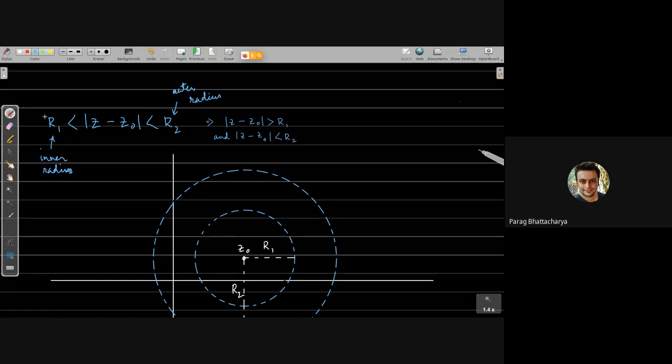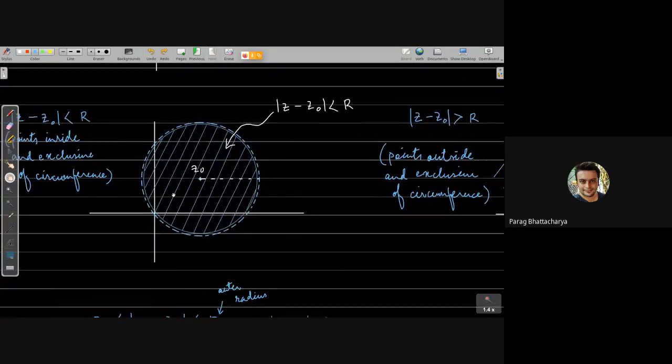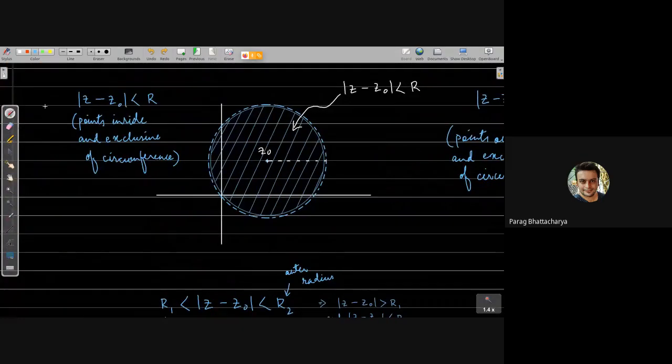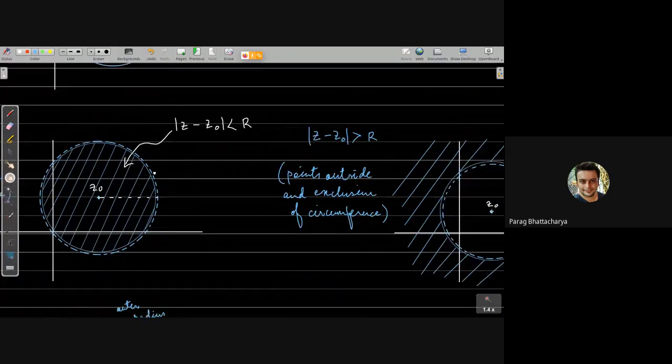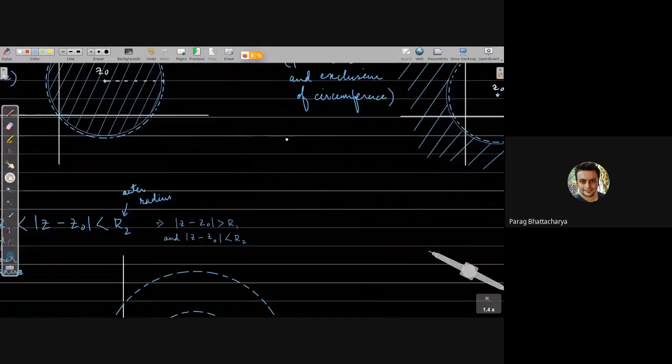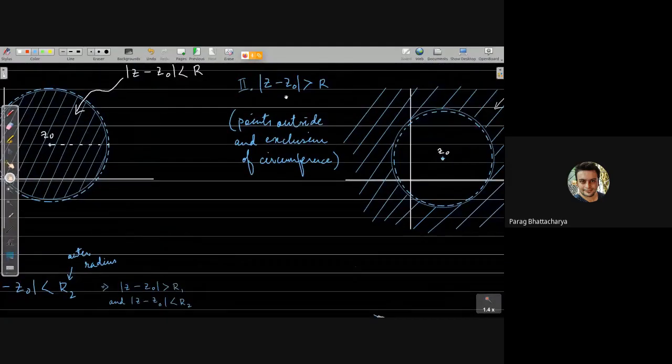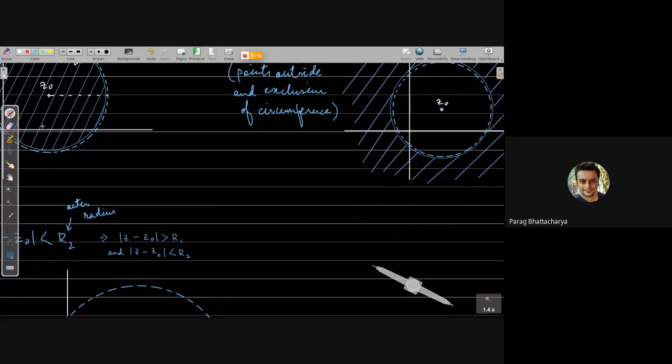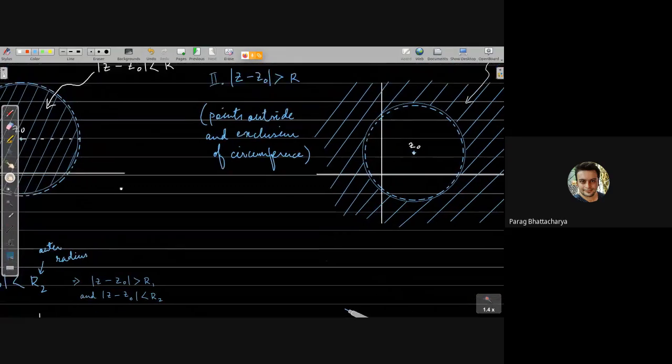And we already know what happens in these two cases. This is case one, and let's say this is case two. Here |z minus z naught| is greater than some radius. That means this is your case 2.